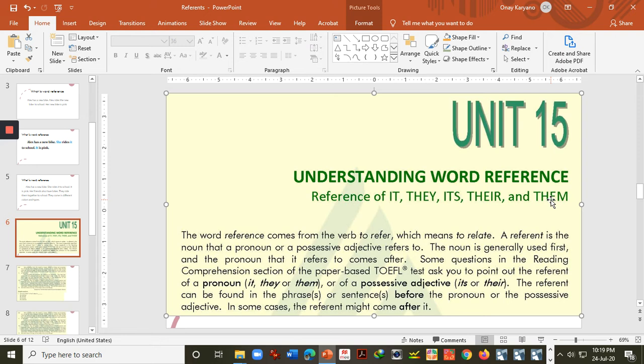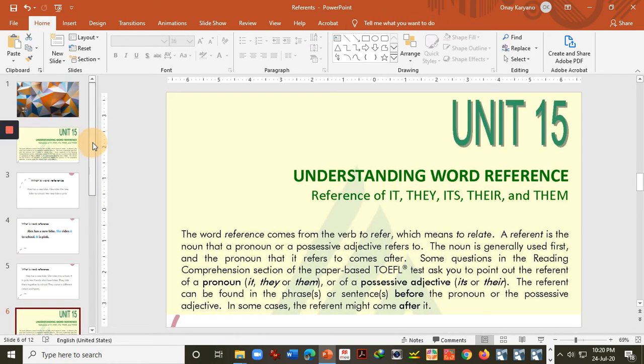The first thing you have to remember is that they replace nouns. All of these words are pronouns, so they replace nouns. The second thing you have to remember is that it is always for singular, single, or one, but they is for plural. Okay, so let's repeat from the beginning.